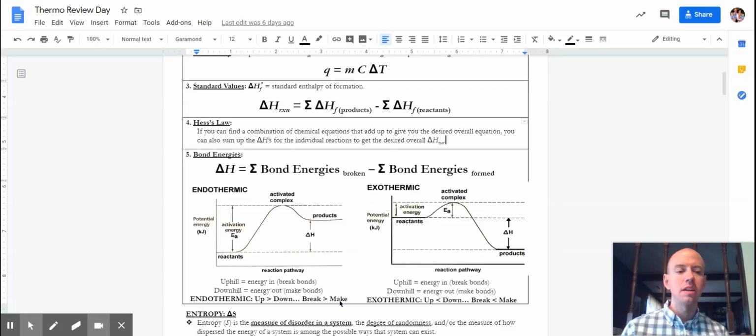But you can't just state all these things as facts. You can't just say, oh, it's exothermic, so breaking is greater than making. You would think it's negative. I had a small amount of energy that needed to be used to break it apart, but a large amount was released as they were made.